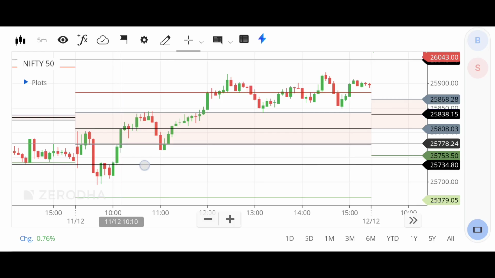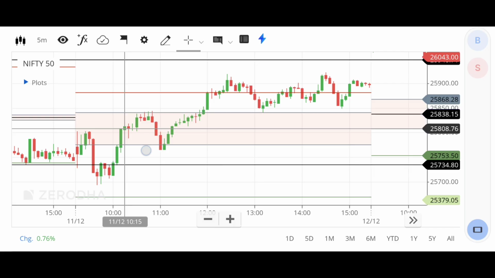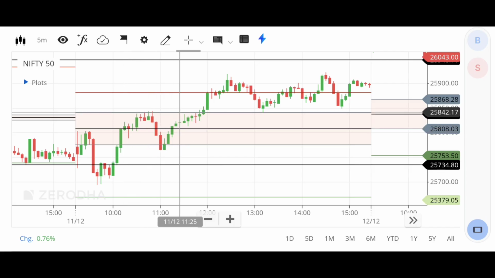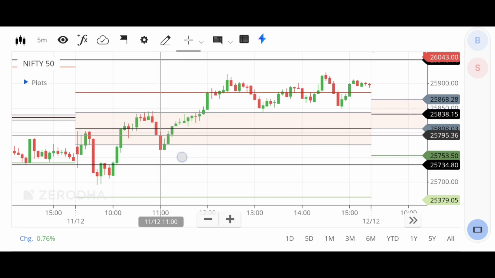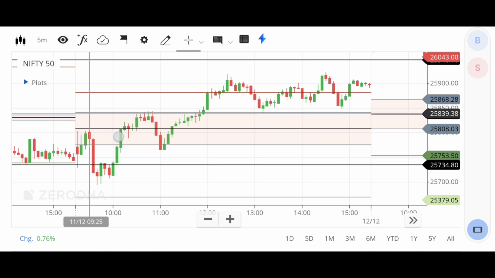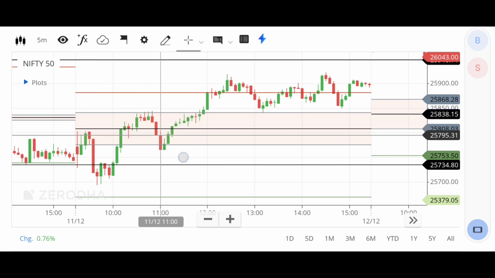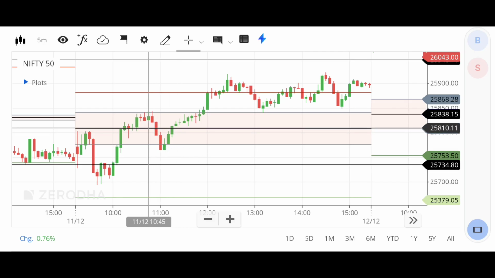Don't consider this black line as a single line and set the target here, because inside the CPR it's not a good approach to take the trade. Consider this entire zone as a single line, because we are involving our hard-earned money. So don't get into the trade like it has broken the midline.